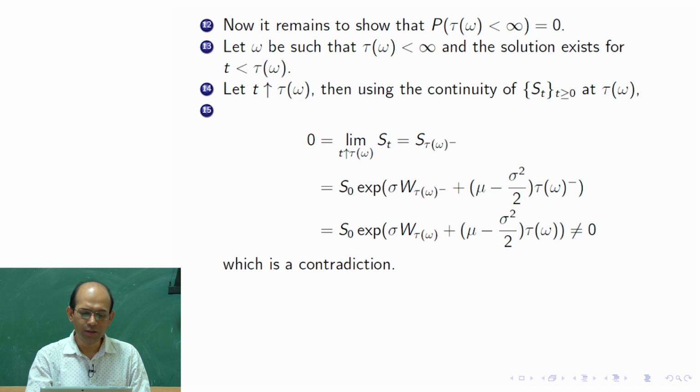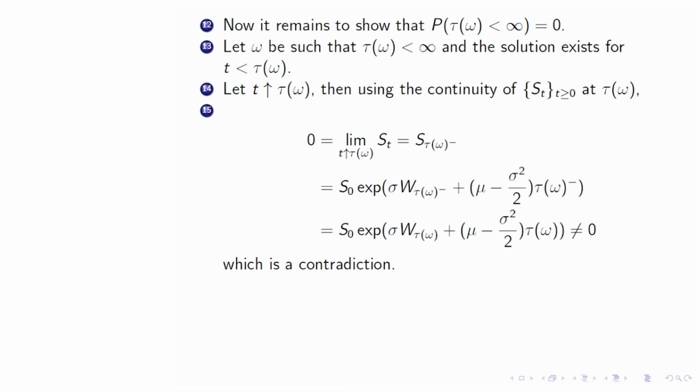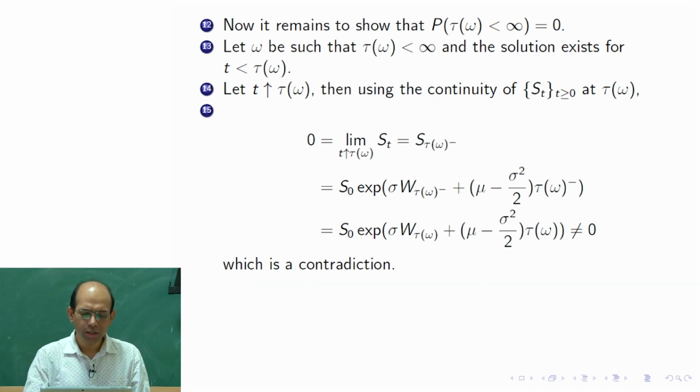Now for this we know the expression of S_t, we are writing that and allowing t to increase to tau(omega). Since all these functions are continuous, because the exponential function is continuous, as t tends to tau(omega) this converges, for each and every omega, to S_0 times e to the power of sigma W at tau(omega) minus.